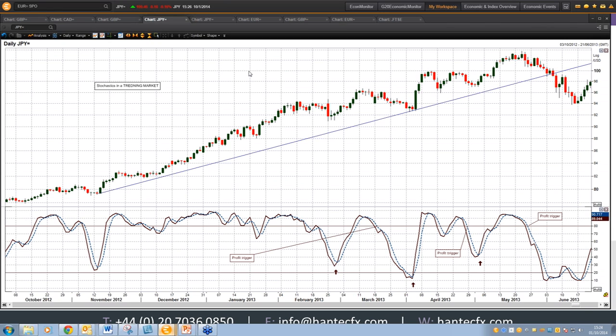And once again, I will emphasize the fact that you should be using multiple confirmation for your signals. You use that profit trigger rather than a sell signal. So you'd be a little bit concerned about the strength of this uptrend, having seen that profit trigger. So you've got your profit trigger there.